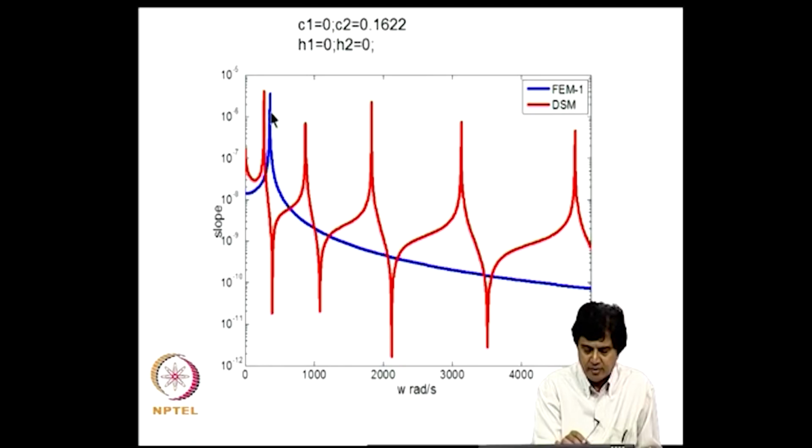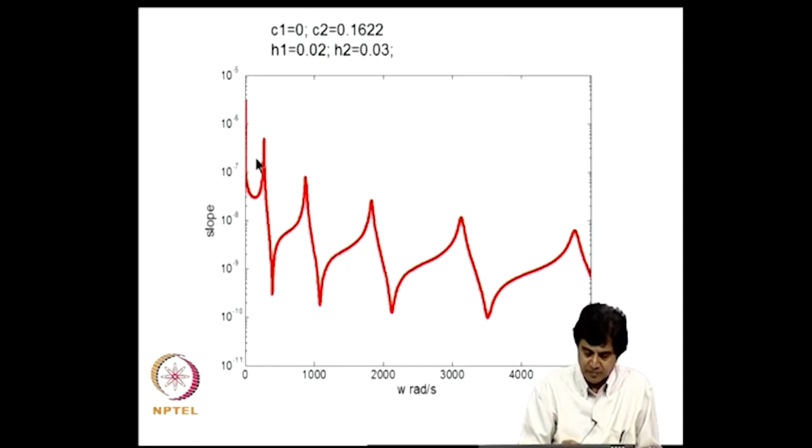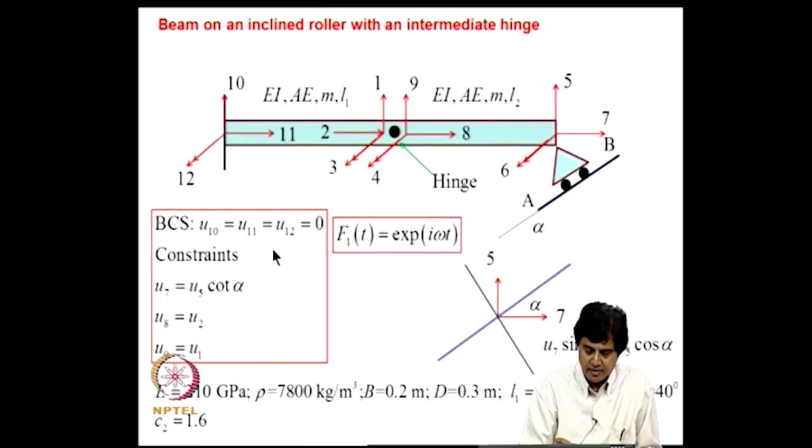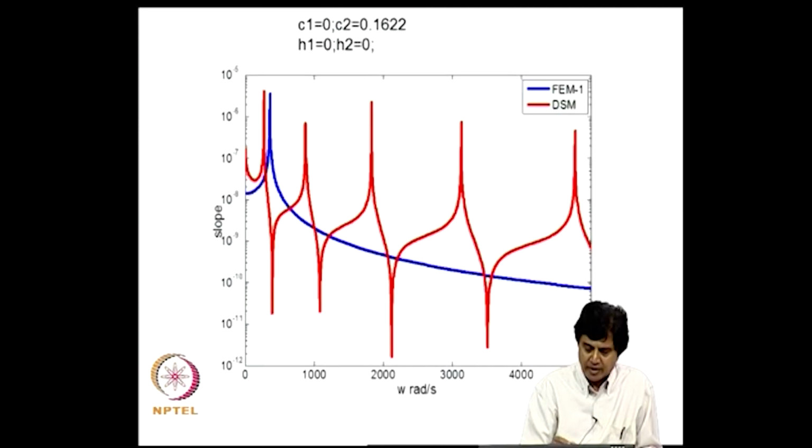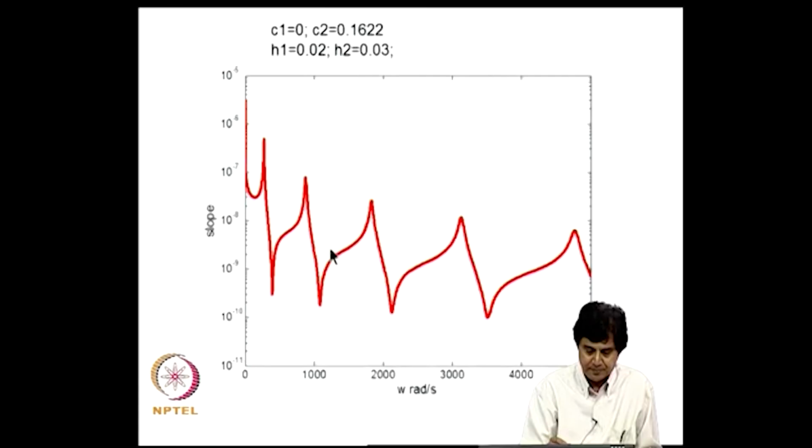So, even the location of the peak is not correct, but qualitatively it is okay, at least up to some frequency range. So, this is the result for slope for the same exercise. So, as far as comparison is concerned, I have only these two comparisons.